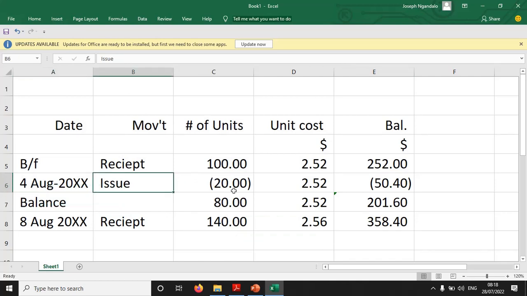This one? We have issued 20 units. We have a balance of 80. List it with what? Like what we have done there. But how do you list the receipt? The balance. I mean the balance. After issuing the 20 units, there's a balance of 80.